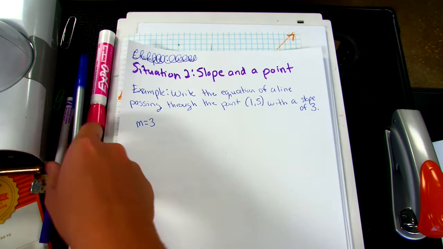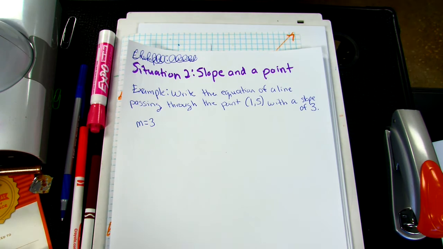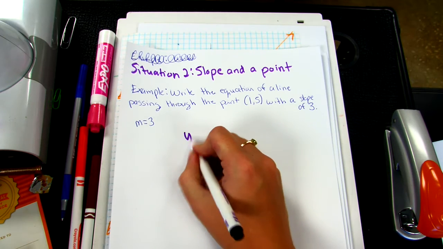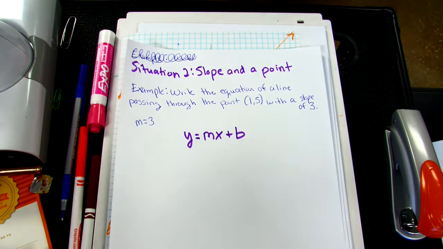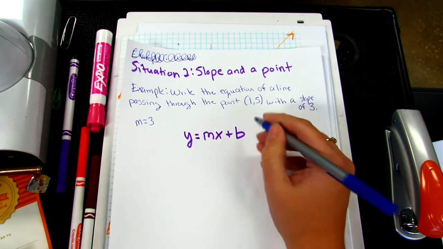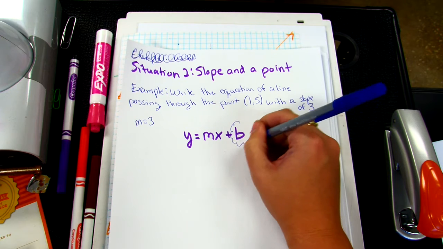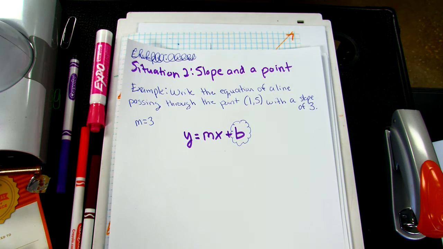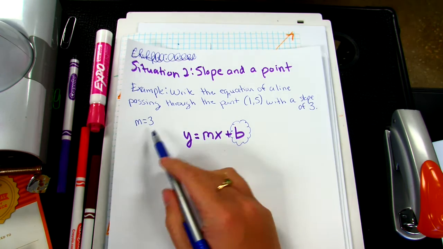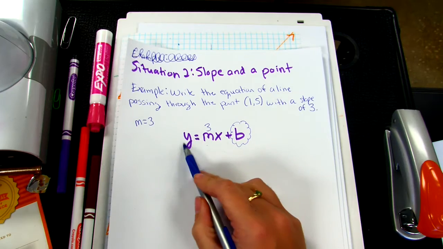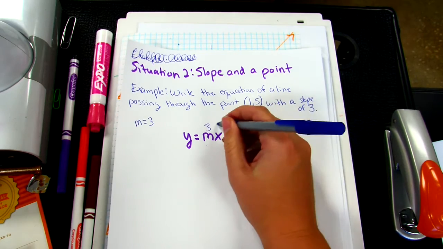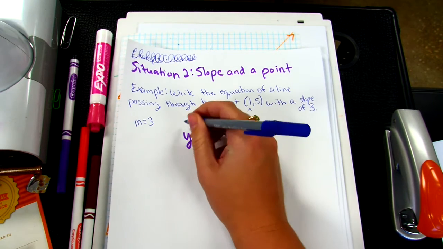Remember how I said we were going to use our slope-intercept form, y is equal to mx plus b, right? Well, we do not know what b is. I'm sorry, we don't know what the y-intercept is. However, we do know m, which is 3. And we do know an x and a y. x is 1 and y is 5.